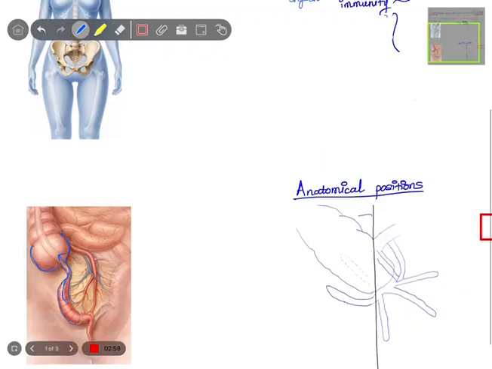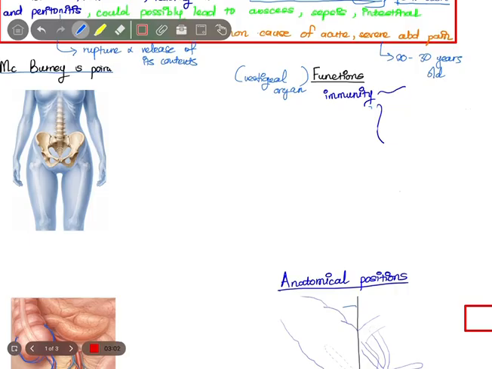Now, the primary role of the appendix is its participation in immunity and gut bacteria regulation. The appendix is also rich with lymphatic vessels, the B and the T cells that help regulate pathogens.